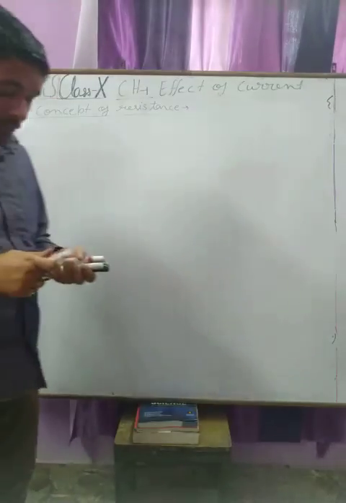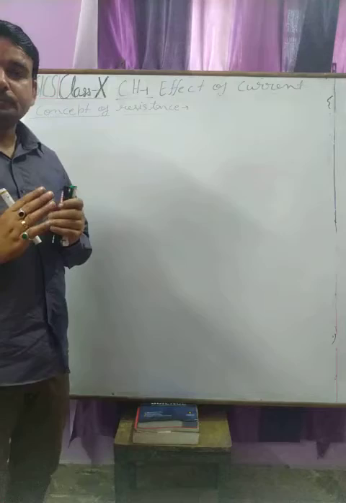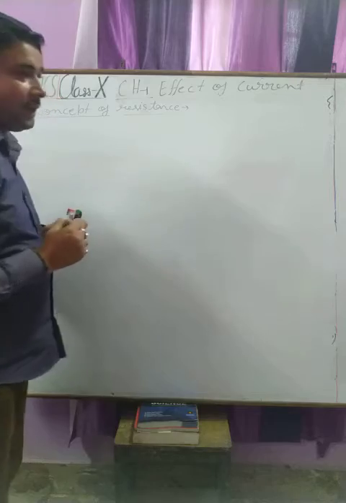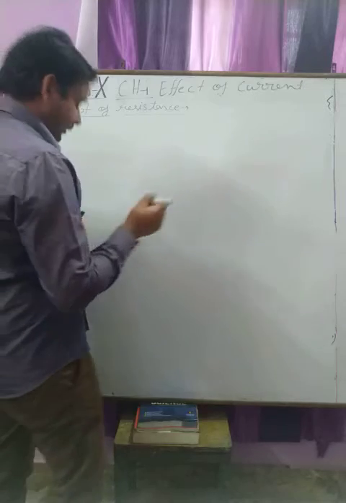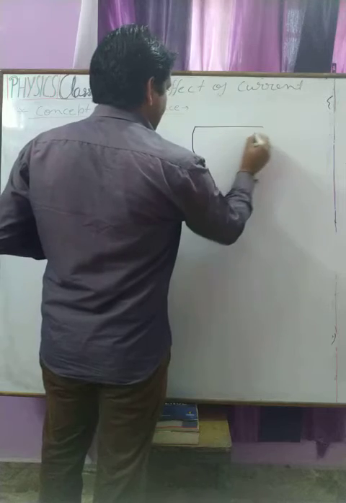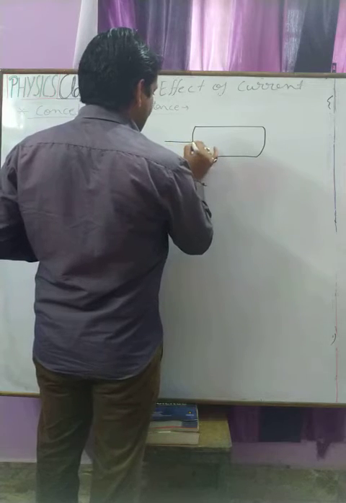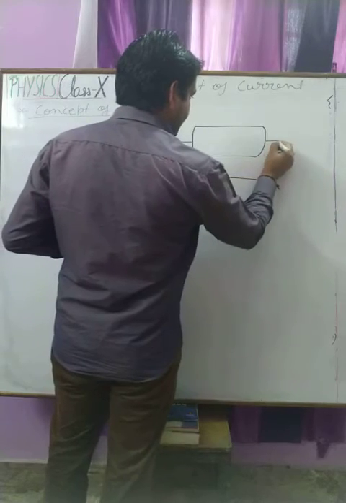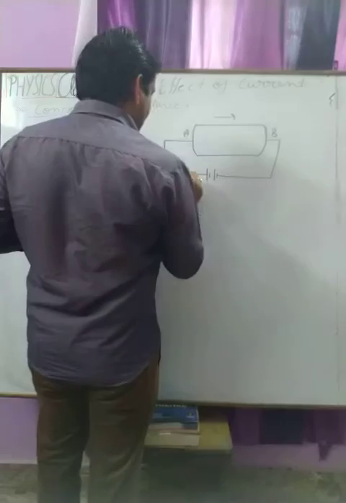Student, we know that when current is flowing through a conductor, the electrons are moving from one end to the other end. Now we are taking a macroscopic small conductor in which the current is flowing from point A to B. This is the direction of flow of current.